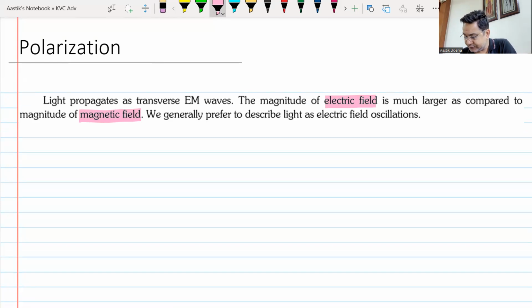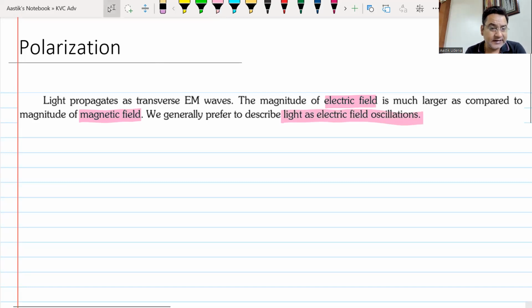So, in general, whenever we refer to light, we may refer to it as oscillations of the electric field, though it consists of oscillations of electric as well as magnetic field.